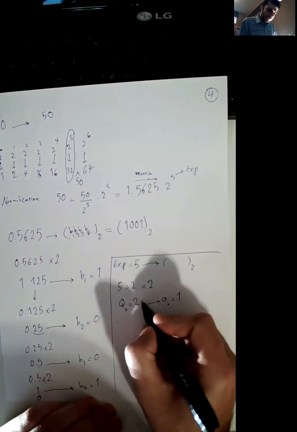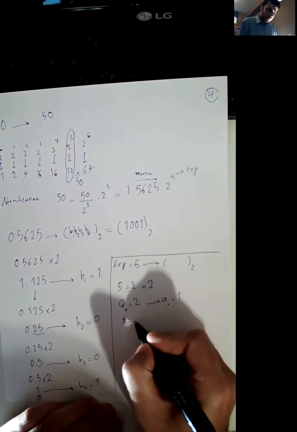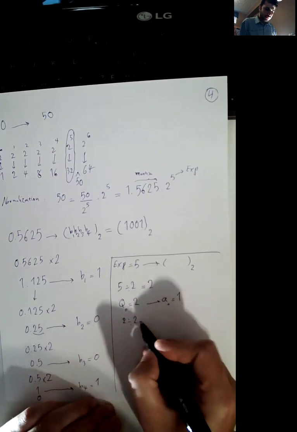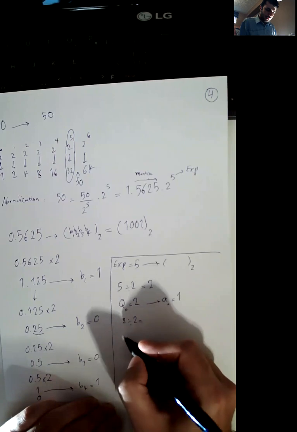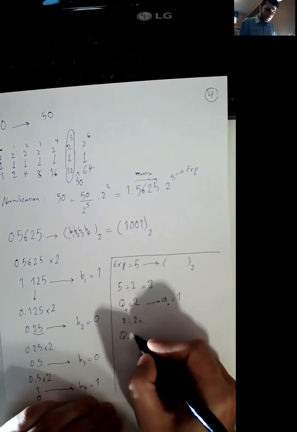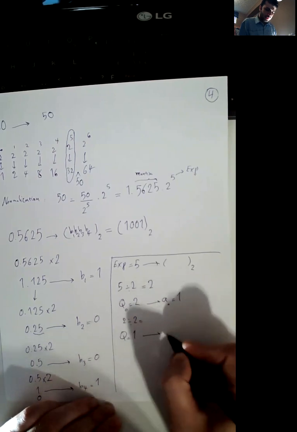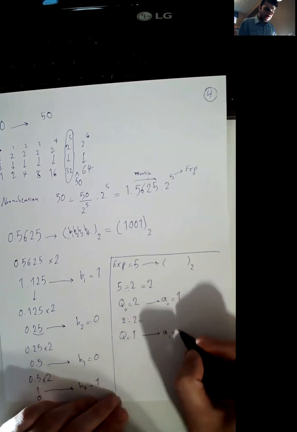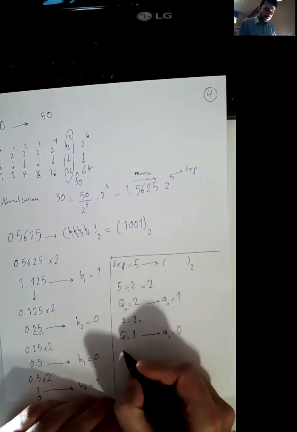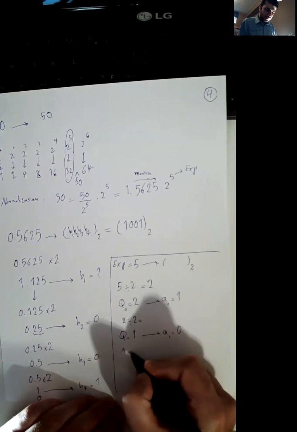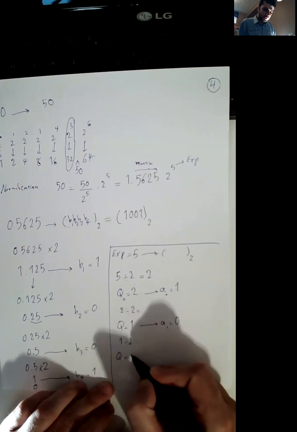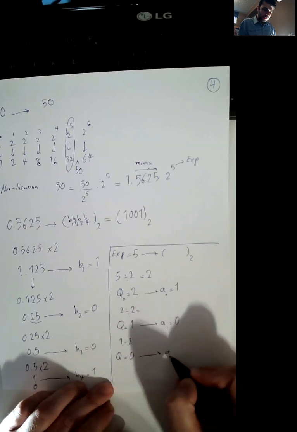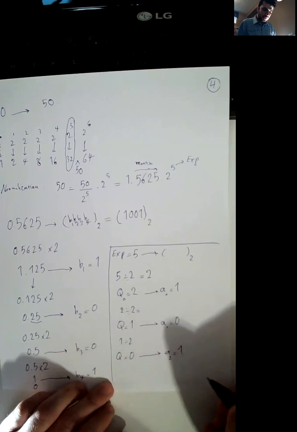Again, we divide the quotient by 2. The next quotient is 1, and the next remainder is 0. If you divide again by 2, the quotient is 0 and the remainder is 1.